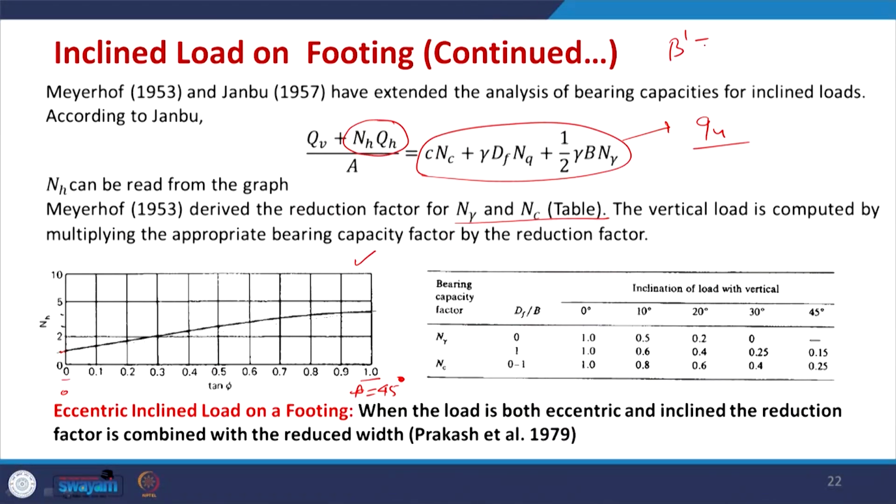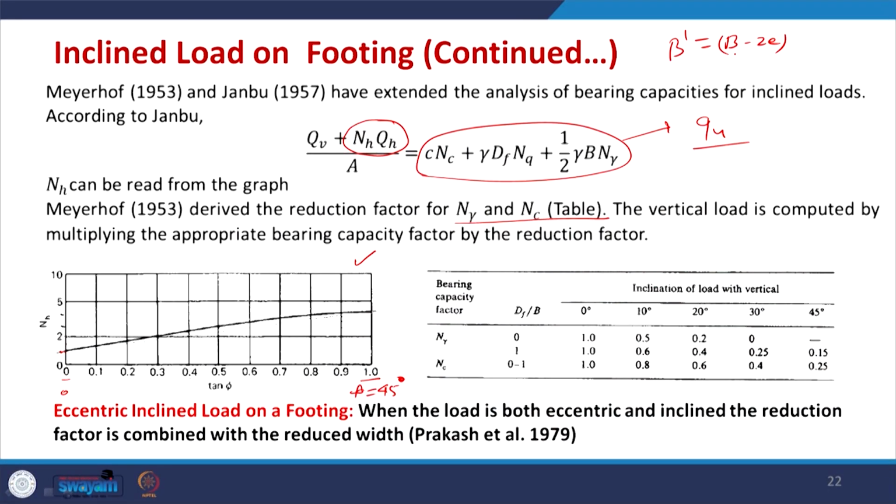To deal with this case, Maheshwari suggested that we use this technique as well as reduced width. First reduce the width of the footing to account for eccentricity; as we already discussed, the reduced width is B dash equals B minus 2e. At the same time, reduce the bearing capacity according to this method, that means we reduce NC and NQ, and increase on the left-hand side.